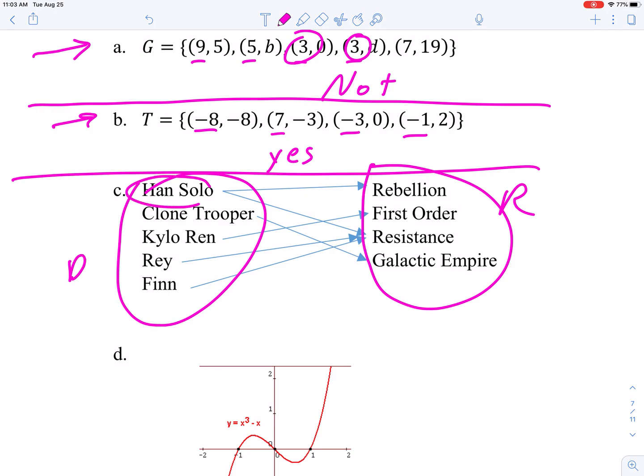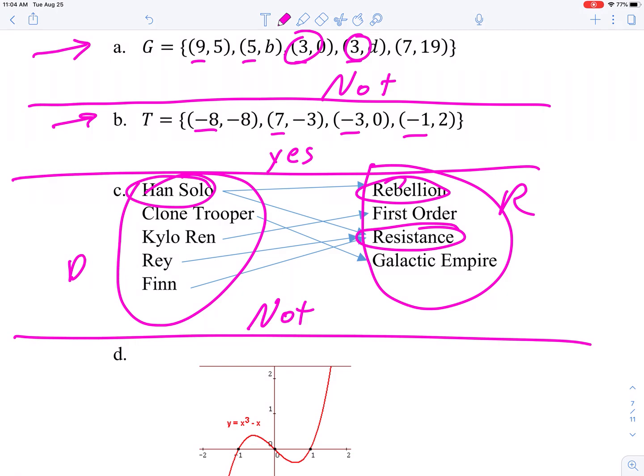You would notice Han Solo is an input, but he has 2 different outputs, right? So if we wrote it out, it would be Han Solo, comma, rebellion, Han Solo, comma, resistance. Han Solo would be a repeated domain or x value, right? So this is not a function.